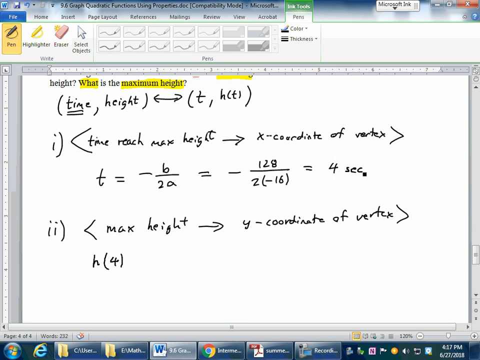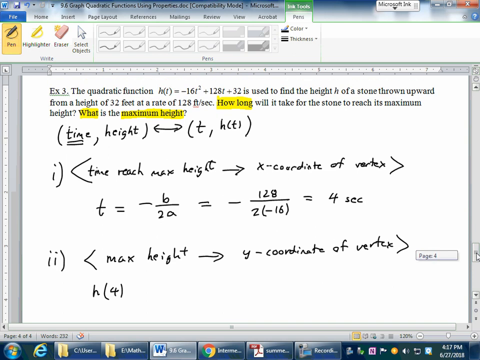So if I want the height, I need to plug it back into the function. That is negative 16 times 4 to the second power, plus 128 times 4 plus 32.